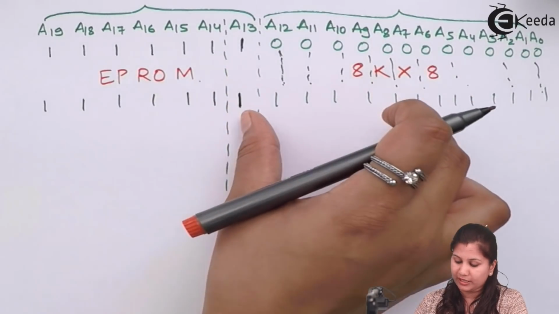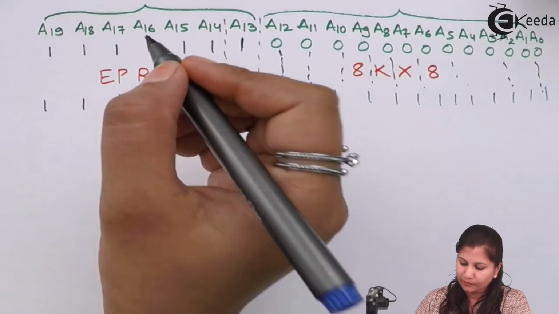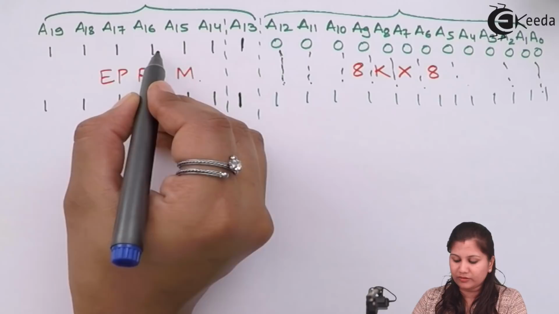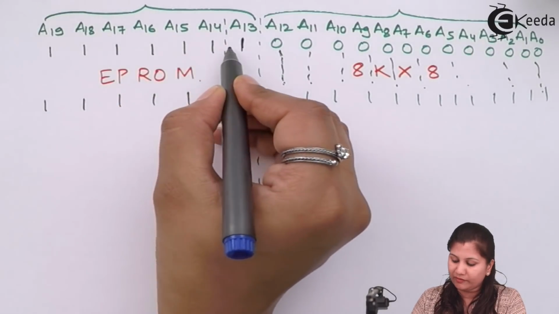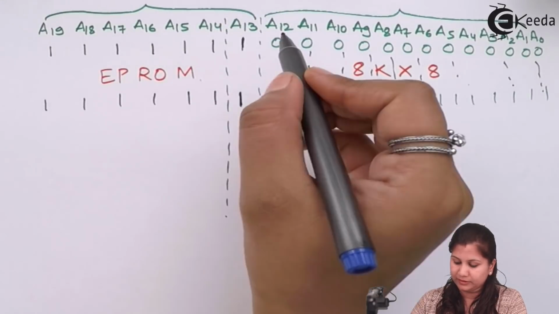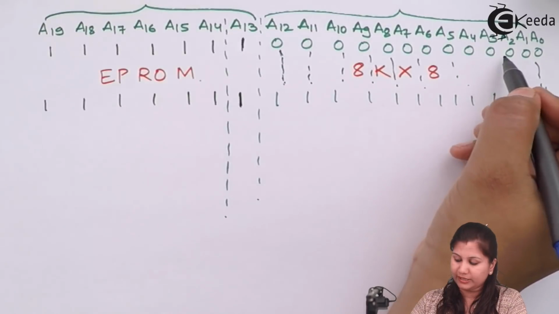So the address range, if we combine this, will be 1111, which means F, 1110, that means E if we have this 0, then again 0, and then 0.